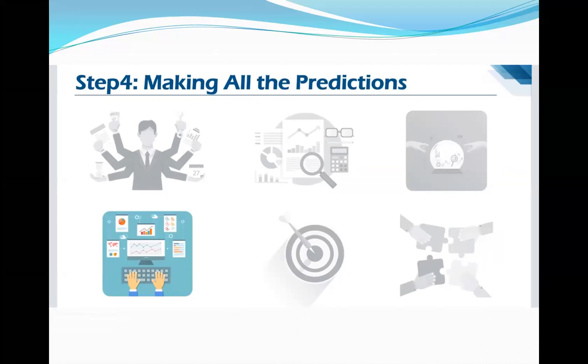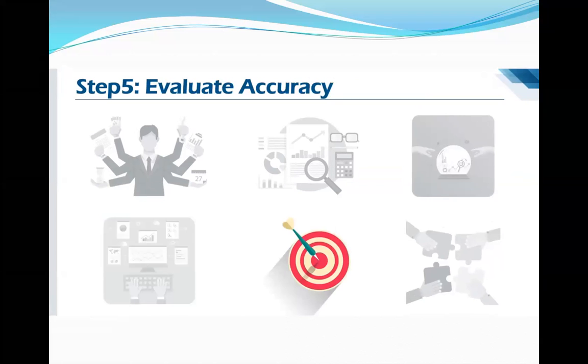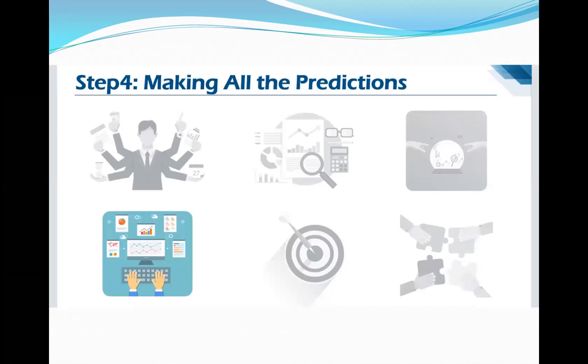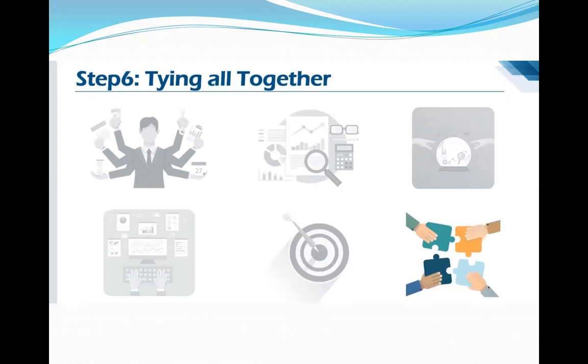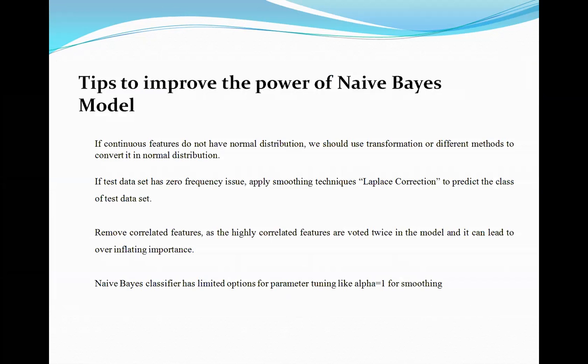Likewise, we have to complete it for all the predictions. Next, you have to evaluate the accuracy. Once we make all the predictions, we have to evaluate the accuracy of the model. And then finally, putting it all together, it produces a complete ML model for your PAMA diabetic classification, right? We will see this implementation in the afternoon.